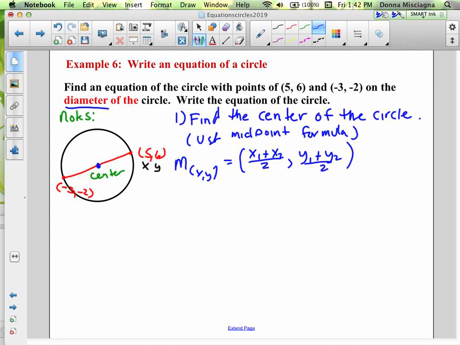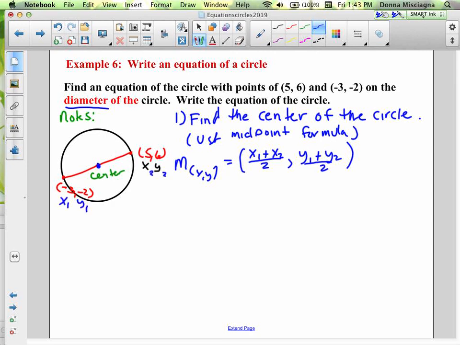All right, so we need to do that first, right? Because we need the center to find the radius. Now, we could find the diameter and divide it in half, but it's actually not as easy as it looks. And when it's a square root, we won't just divide the number under the square root in half.